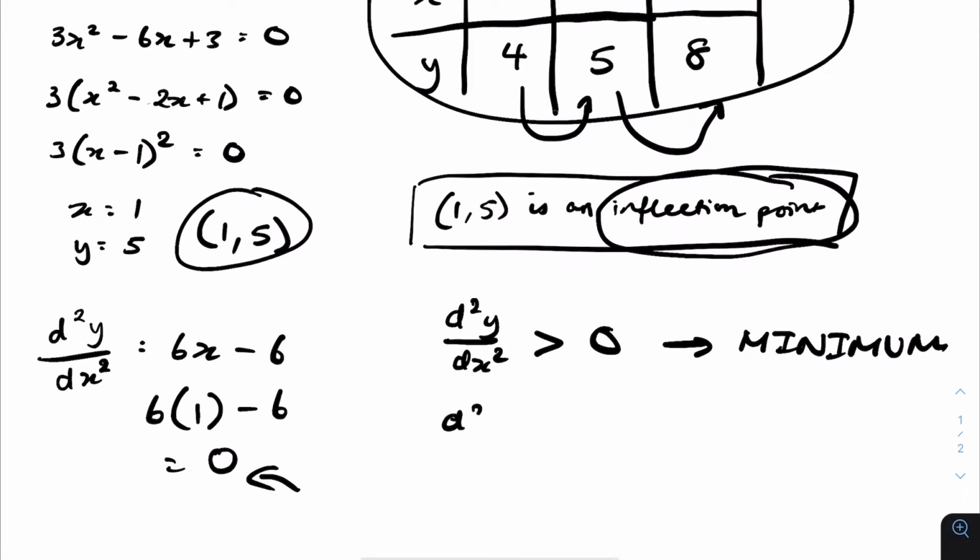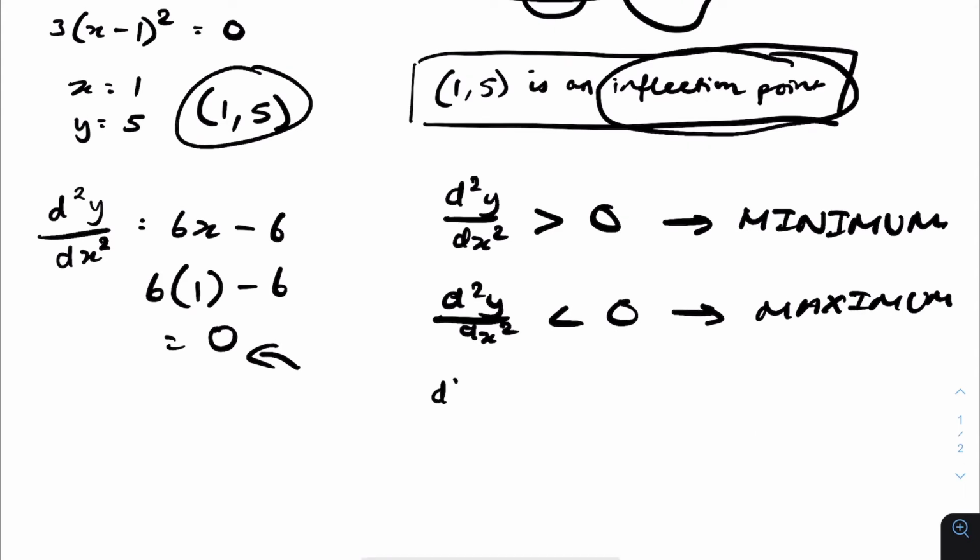If d squared y over dx squared is less than 0, we're given a maximum. And if d squared y over dx squared is equal to 0, it's an inflection.